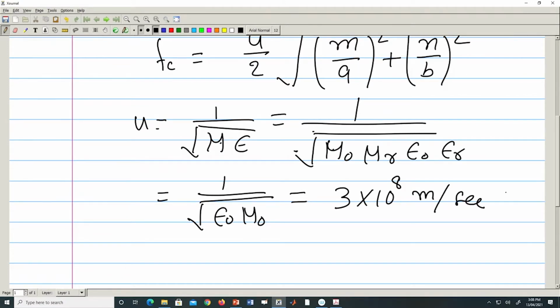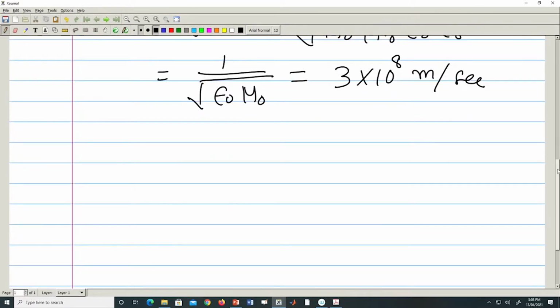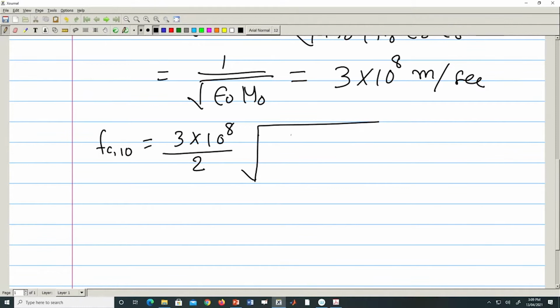So, fc for the TE10 mode will be 3 into 10 to the power 8 by 2, times the square root of (1 by 2.5 into 10 to the power minus 2) whole square plus (0 by 1 into 10 to the power minus 2) whole square.